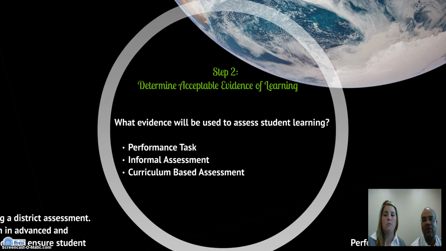Oftentimes, students will be expected to pass a unit, 6 weeks, 9 weeks, or semester assessment to determine mastery. However, there are other more authentic ways to determine mastery. Performance tasks and informal assessments can be used throughout the teaching process to gauge student understanding and level of mastery.